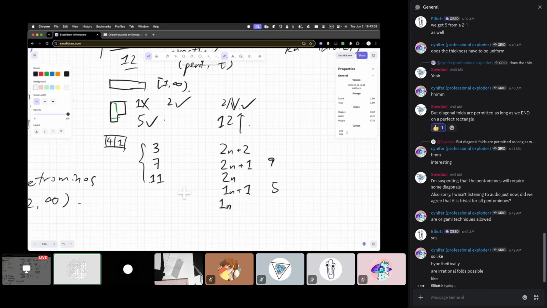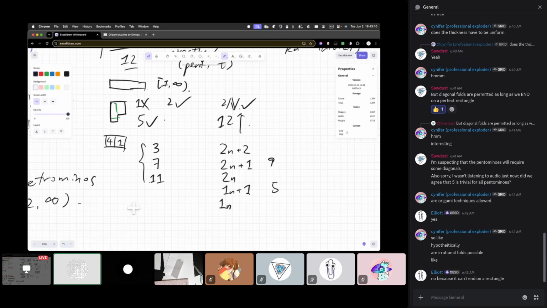Looking at the chat, irrational folds are possible because, for instance, if you have a rectangle that's 1 by 2, and you want to fold this into a thickness 2 rectangle, you can fold this along pi minus 3 and pi minus 4, and it will still give you a rectangle of uniform thickness.